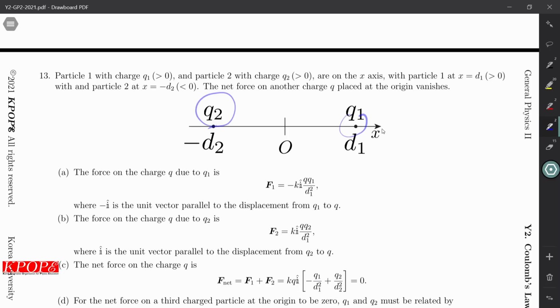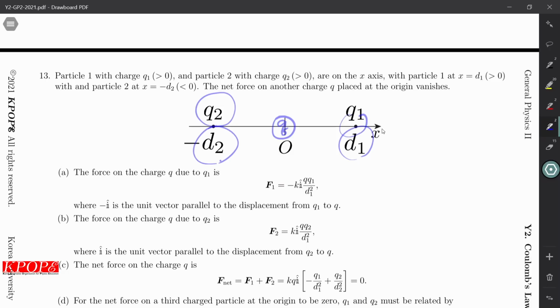Alright. The net force on the x-axis, with particle 1, okay, these two coordinates. The net force on another charge Q, placed at the origin, vanishes.